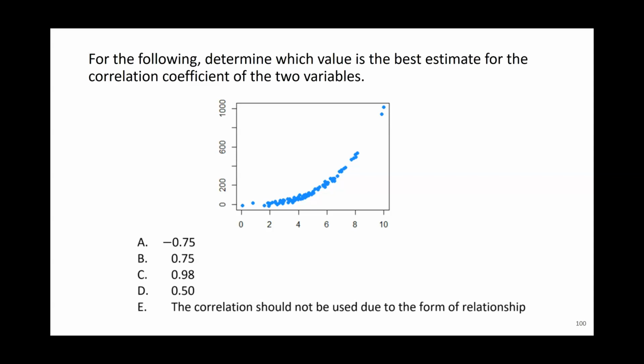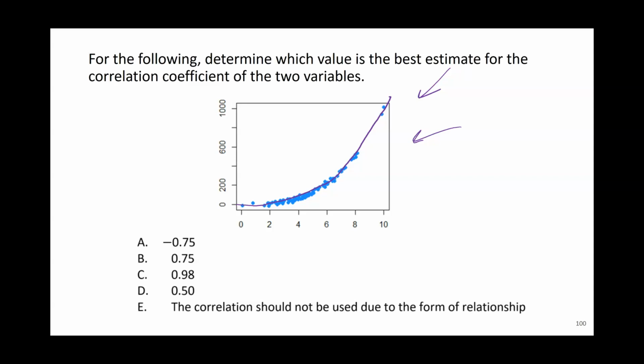Okay, here's another one. So we have this scatter plot. We want to estimate our best guess for the correlation coefficient. Okay, so we have seen this one before. If you remember, we argued that this was a nice curve, right?